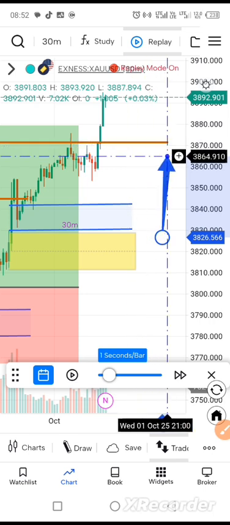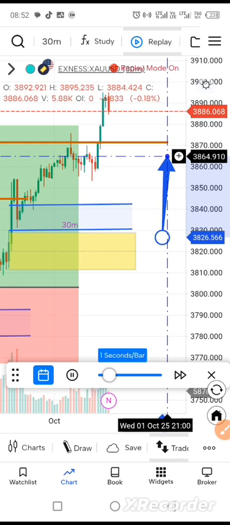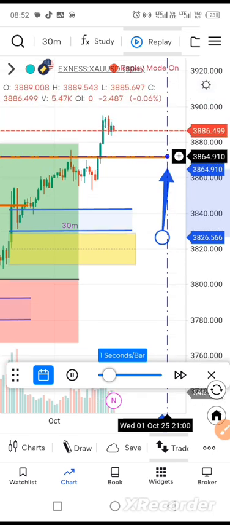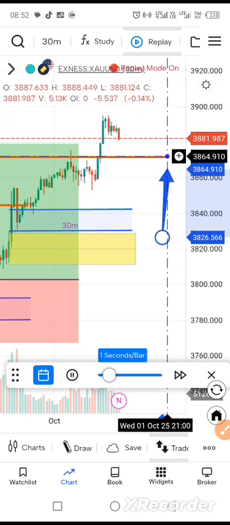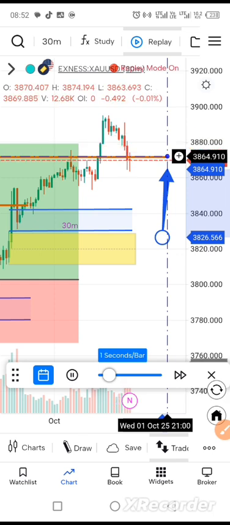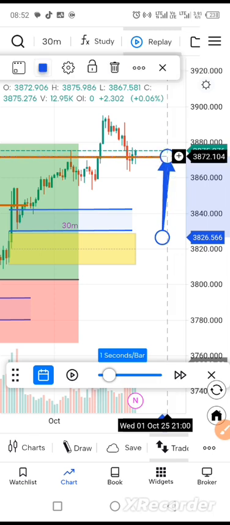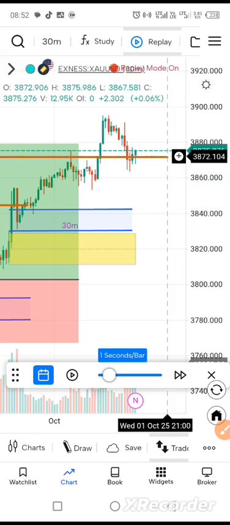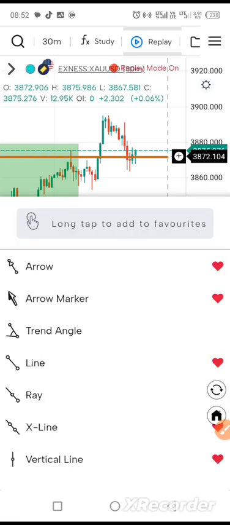So I would not do this drawing now, but we'll just watch what happens if we actually respect our analysis. And you can see it's there already, and it has formed an entry for us.